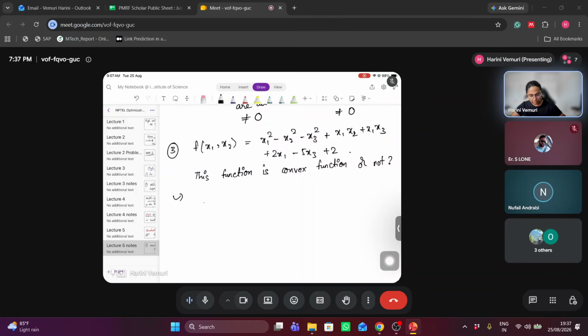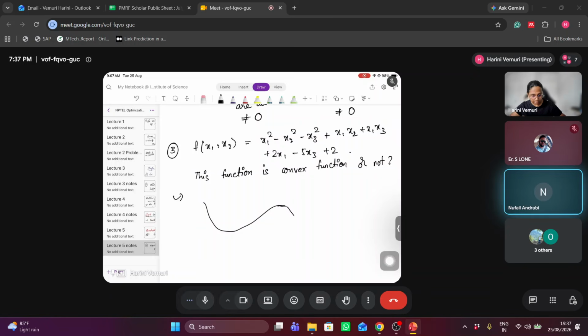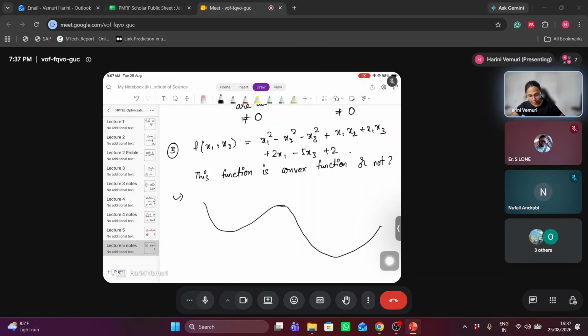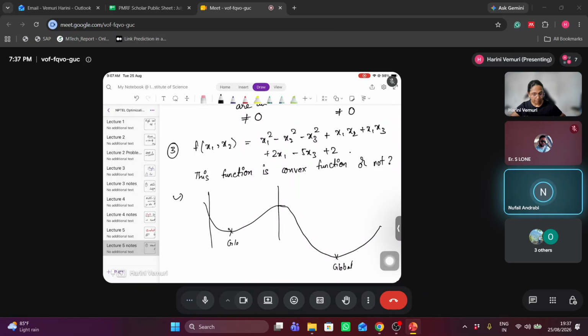Suppose you have like this, okay? This can be local minima and it can be unique, right? So it can't be global minima. This will be our global minima, right?